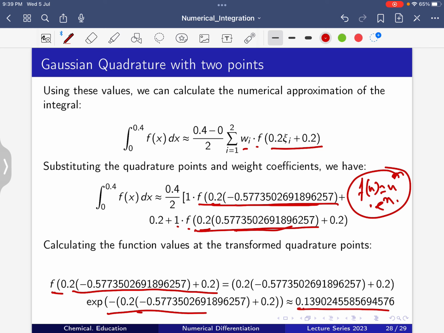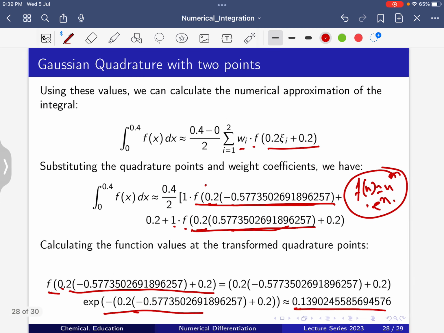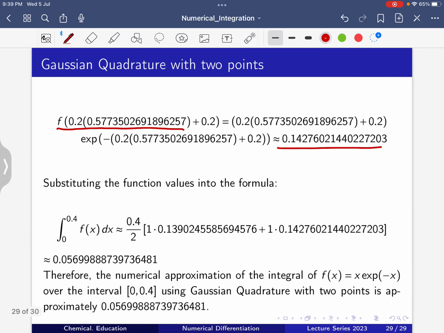So we will get f of 0.2 of this function value as 0.1390244 something. And f of 0.2 times 0.57730 plus 0.2 will give 0.1427. Now after doing everything, if we plug in a and b, ultimately we get the value of the integration as 0.0569988739.